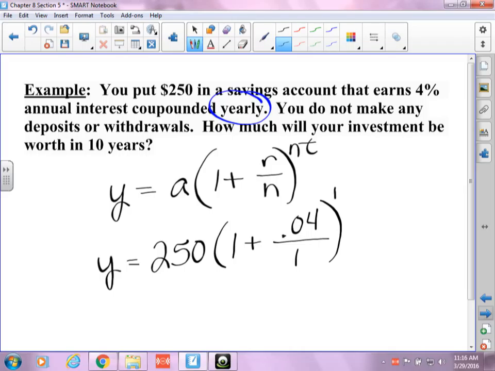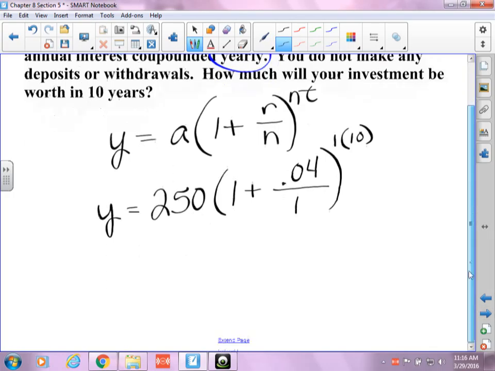And what do I put in for T? 10, because it's for 10 years. So if you keep your money in, every year it'll get interest, and then it rolls over each year, and you can earn money on your money after a year. Okay? So now this can be tricky.